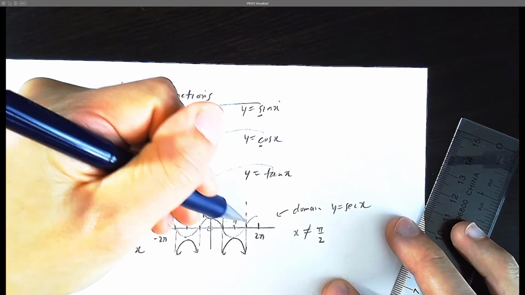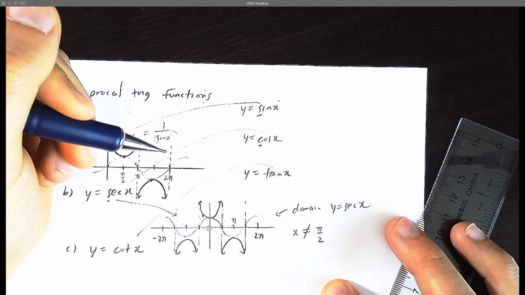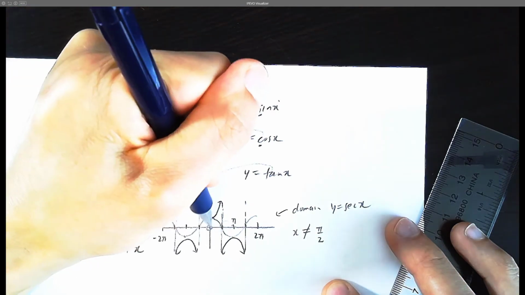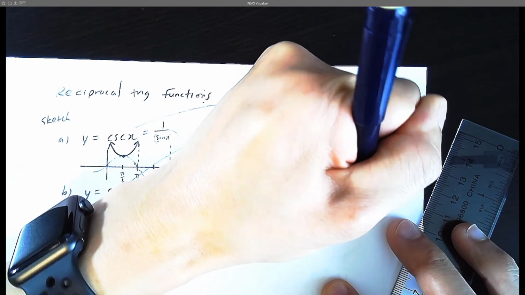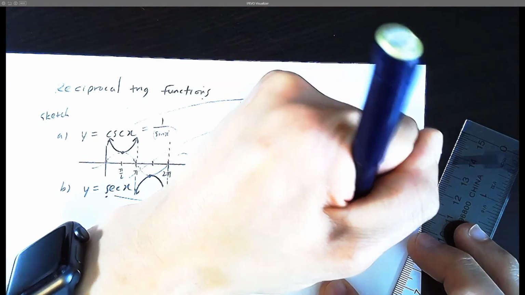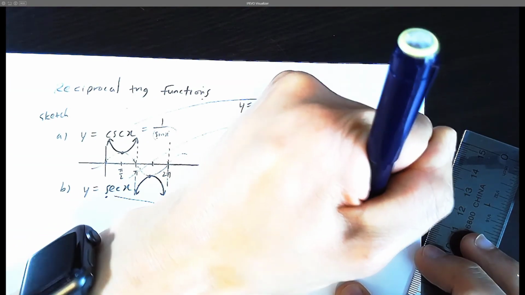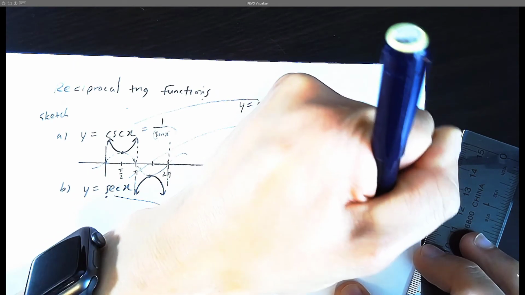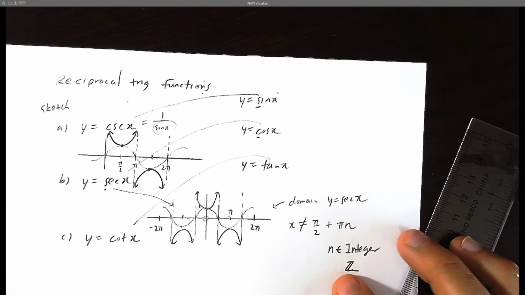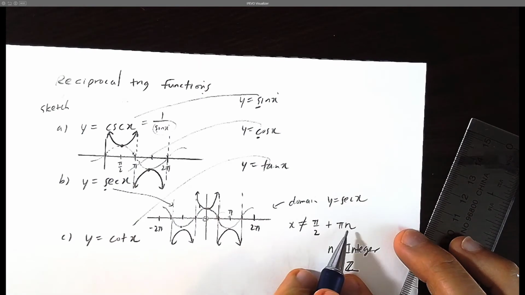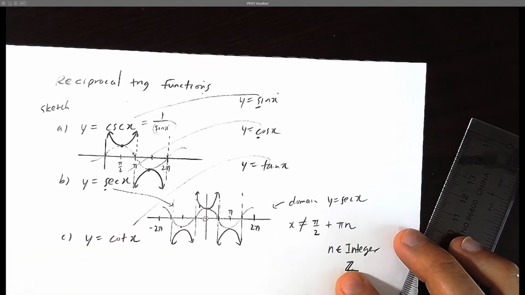But every 2 teeth, every 2 jumps, we have another problem. 2 jumps is represented by pi units. So we're going to say plus pi n, where n is an integer. Integer is also known as the letter Z. You could say plus minus pi n, but n itself includes negative numbers. That's why I just write plus pi n.